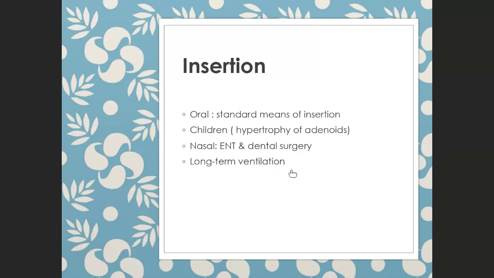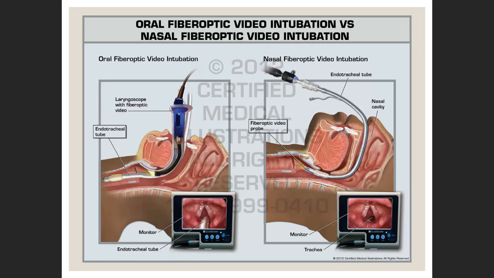And if we have long-term ventilation, we may want to put it there. All right. So this is just showing, through the nose, the tube comes through the nasal passage into the nasopharynx, down into the hypopharynx, and into the larynx and trachea.